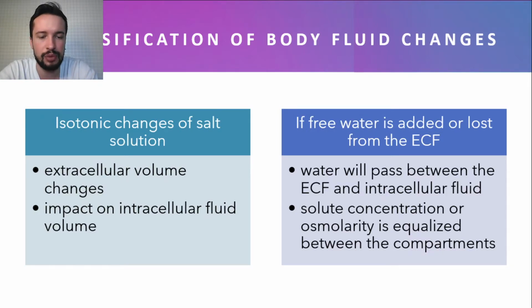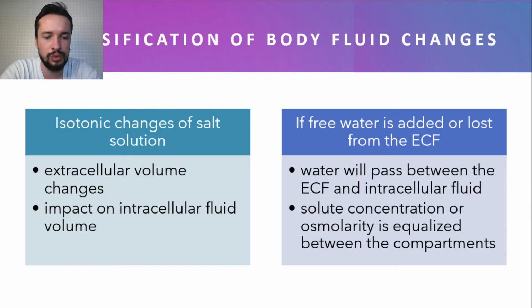Unlike with sodium, the concentration of most other ions in the ECF can be altered without significant changes in the total number of osmotically active particles, producing only compositional changes.